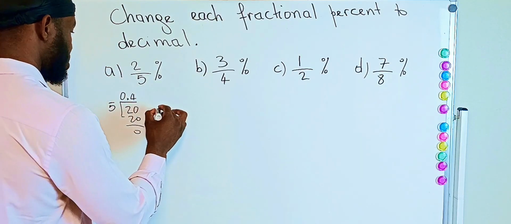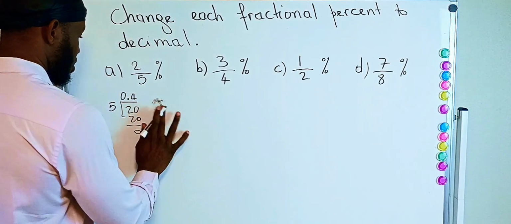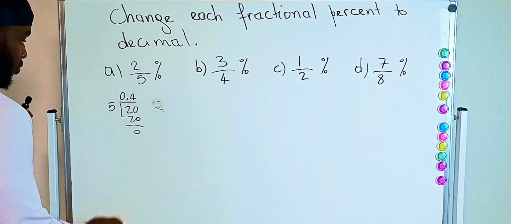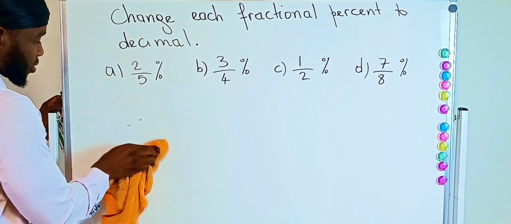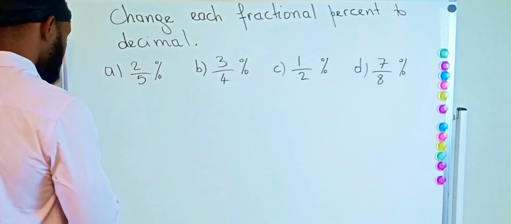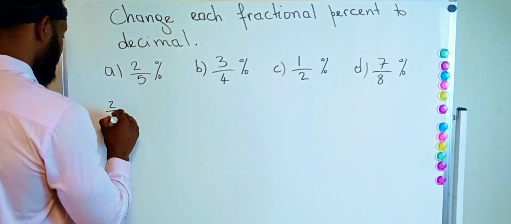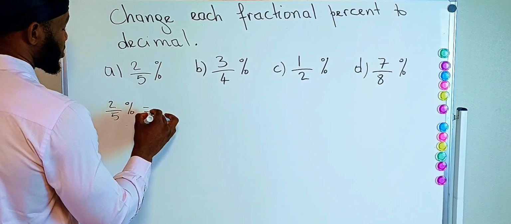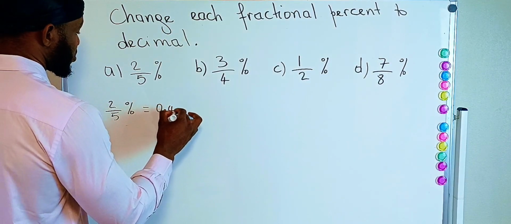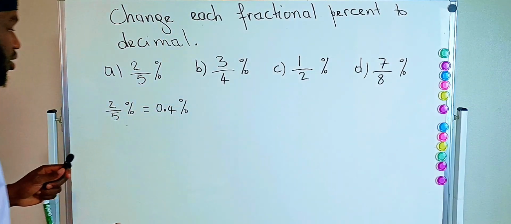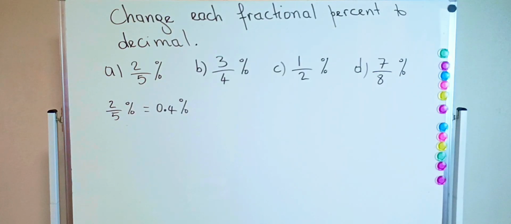So right now this is gonna be equivalent to 2 over 5%, and that's gonna be equivalent to 0.4%. Okay, guys, 0.4%.